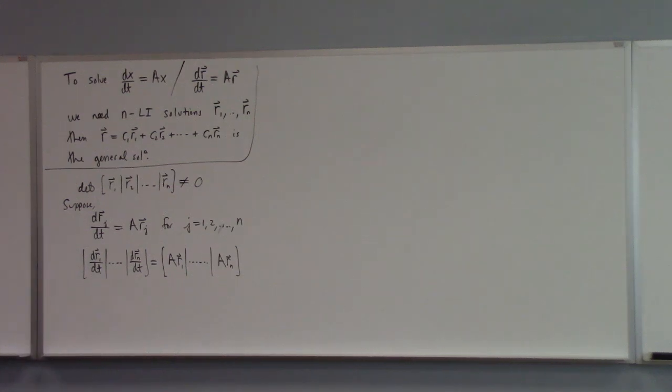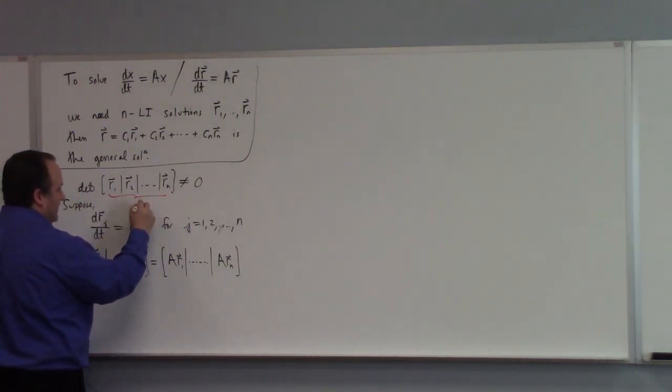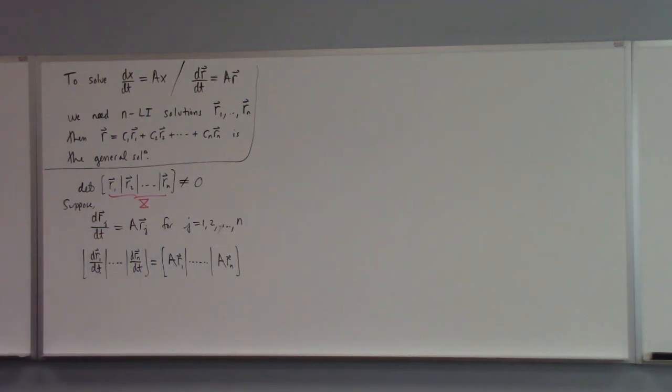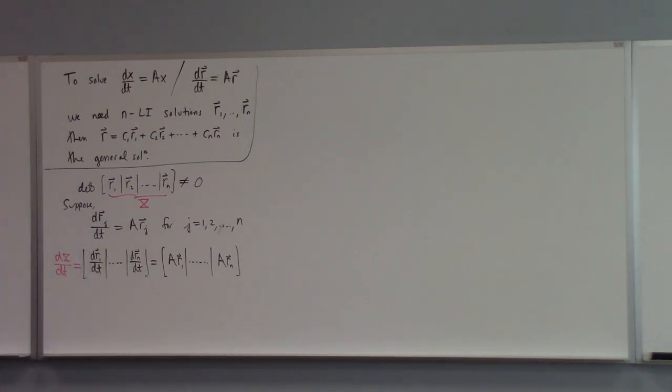So let me just give us a name to think about this collectively. By definition, guys, if you have a matrix of functions, let's call this matrix here X. The derivative of a matrix of functions is by definition the component-wise derivative of the matrix. So you just differentiate each component separately. To differentiate a matrix, you simply differentiate component-wise.